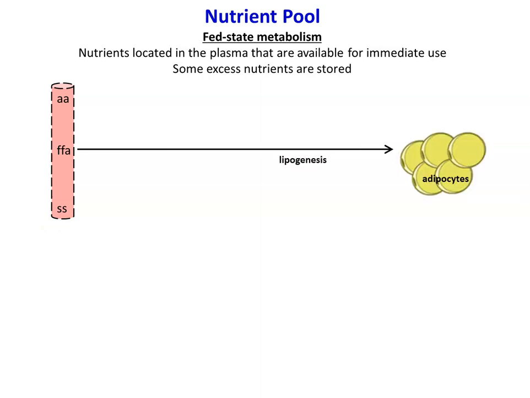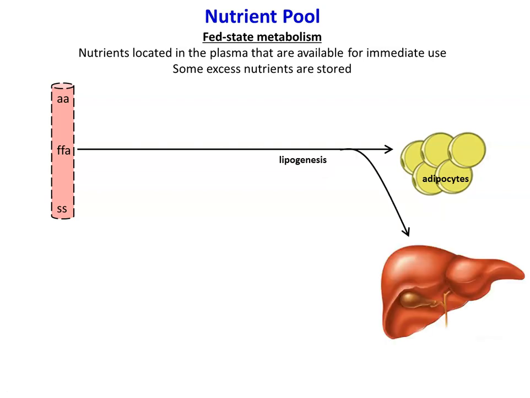This is what's happening with free fatty acids: we undergo a process called lipogenesis. Whenever we digest fat, we first must store it in adipocytes, and then adipocytes can release it as needed. Lipo for fat, genesis means to make anew. So fats get stored. Fats can also be stored in the liver.